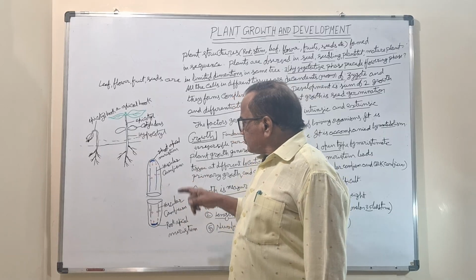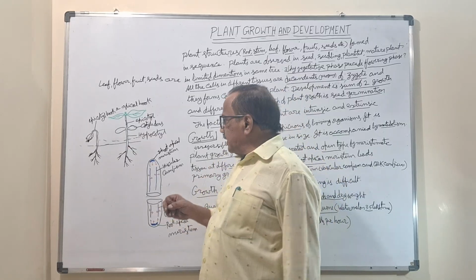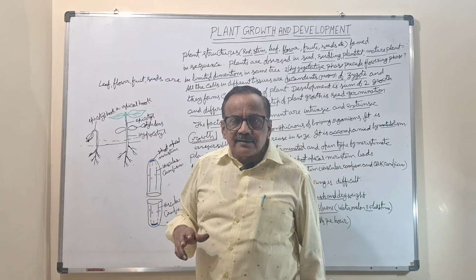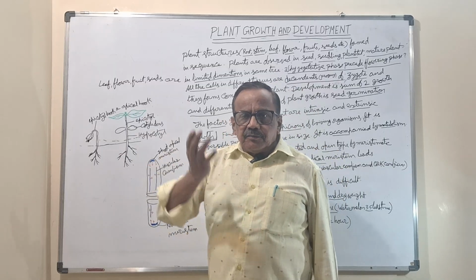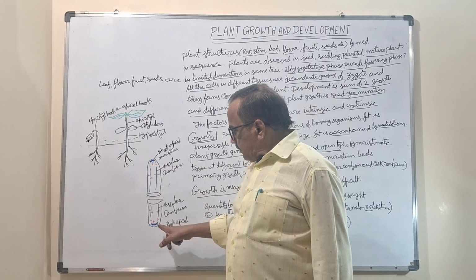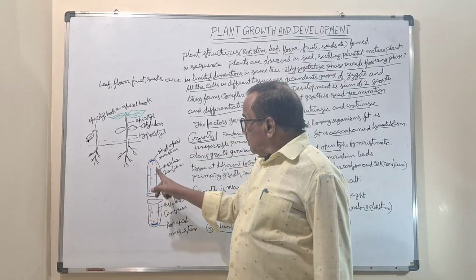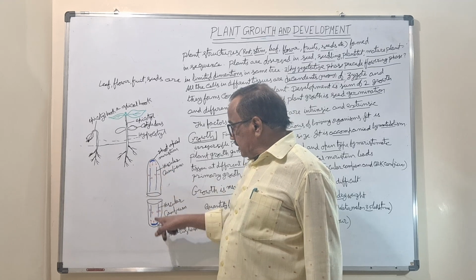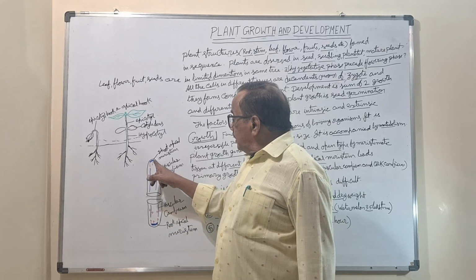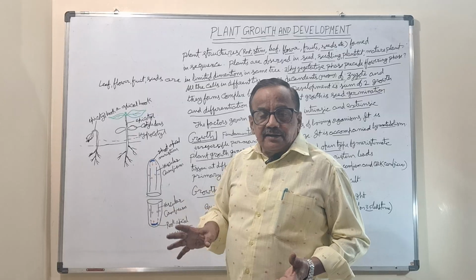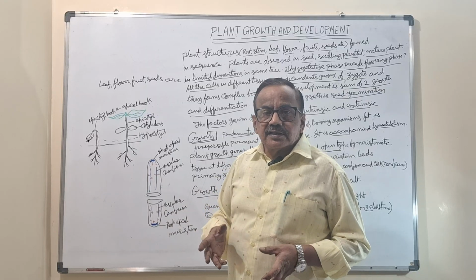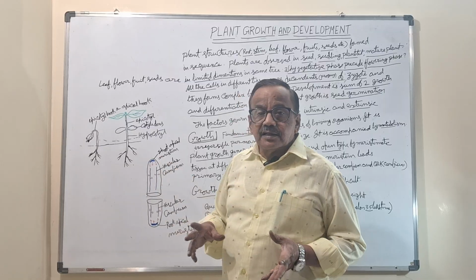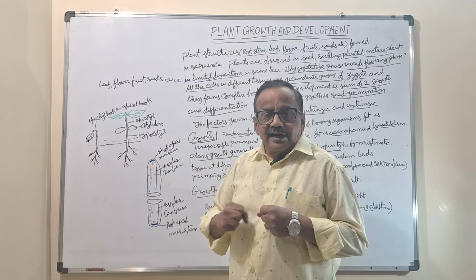And next, he has given one more diagram. As I already told, the shoot apex and root apex cause the growth. Shoot primary growth: this is the meristematic tissue present in the shoot apex, and this is the root apex. It divides and forms new cells. The new cells arise from the meristematic cells, which are cells having the dividing capacity.